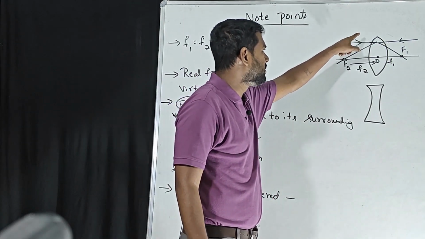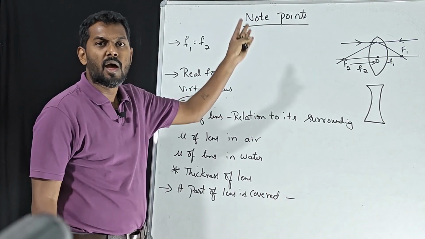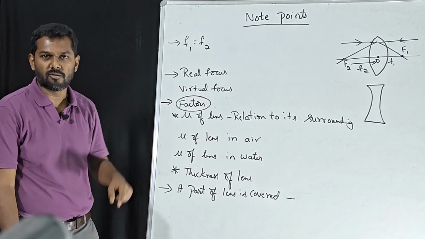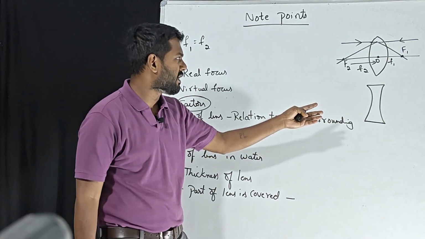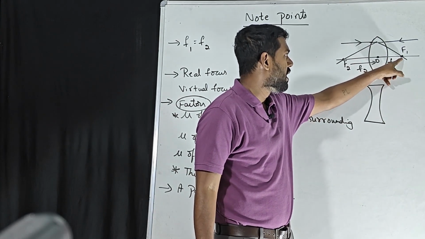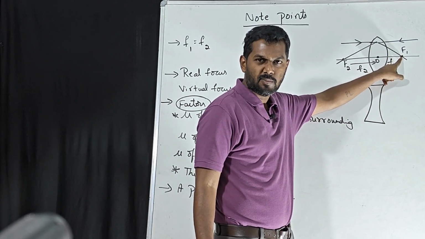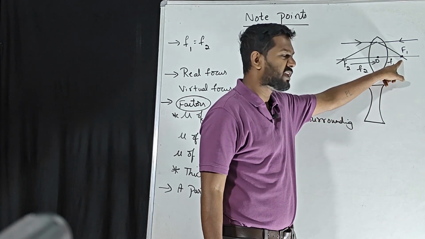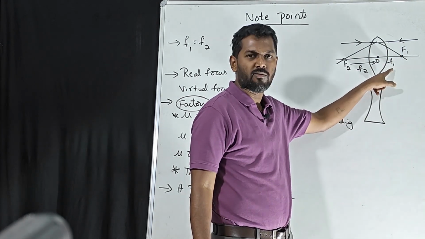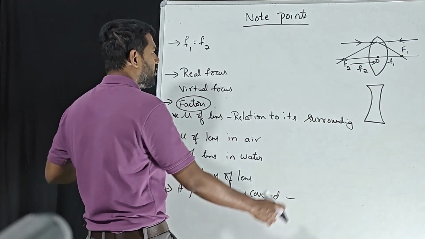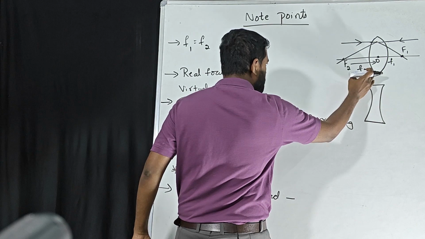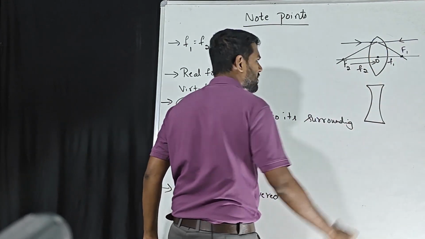So if both the mediums are the same, then f1 will be equal to f2. F1 is the point where the ray touches the principal axis after refraction, that is capital F. From that point to the optic center is f1, the focal length. This is focal length 1 and that is focal length 2. You can take either one as focal length 1 and the other as focal length 2.